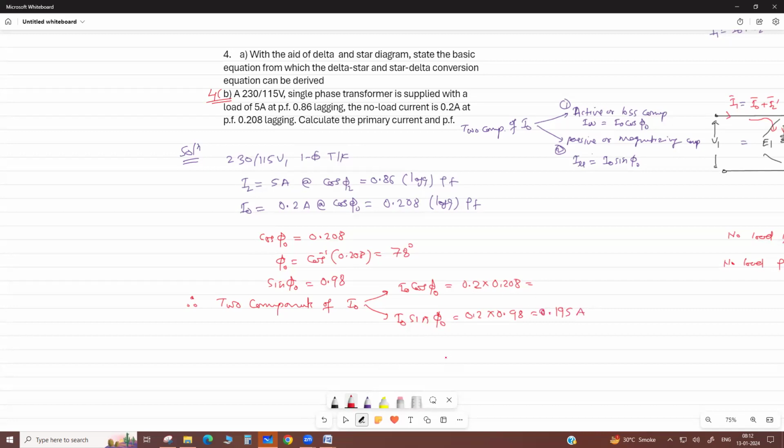And this is 0.2 into 0.208, 0.042 we can write, ampere.